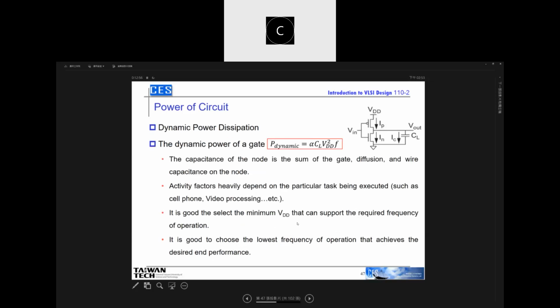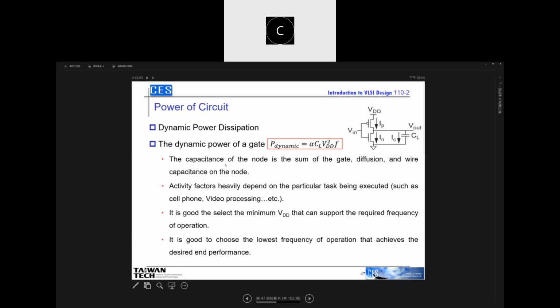Okay, so now we can take a look at this dynamic power dissipation. If we write down P dynamic equals alpha times CL times VDD squared times F, we can observe a few things.